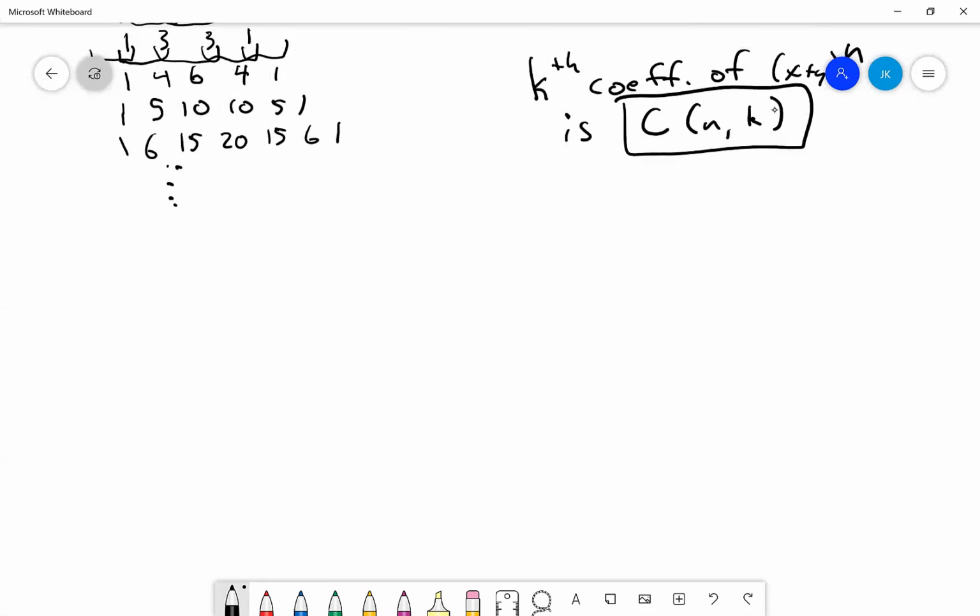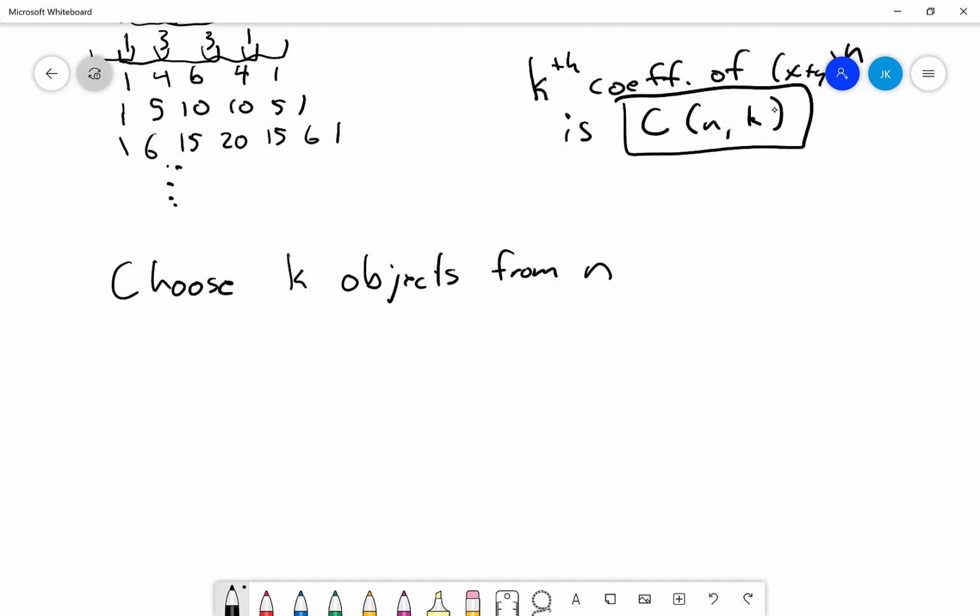So let me give you just a couple of quick examples of ways that you can use combinations and combinatorics. So let's say that you want to choose k objects out of n. And this is more of a definition.